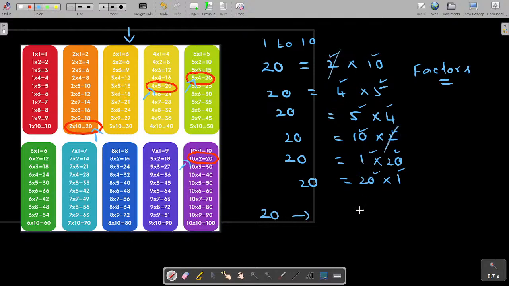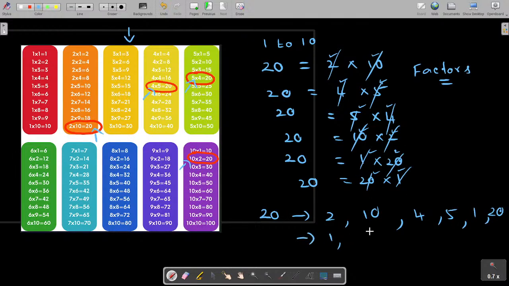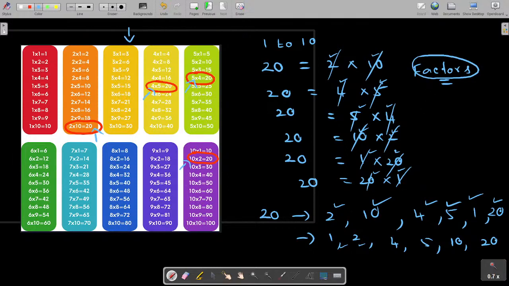In order, 1, 2, 4, 5, 10, 20. These are called the factors of 20. It's quite simple.